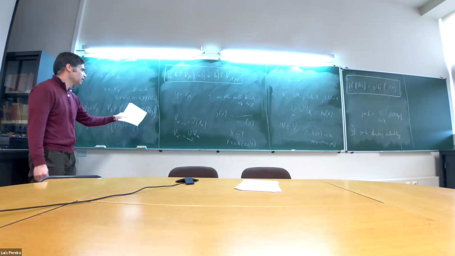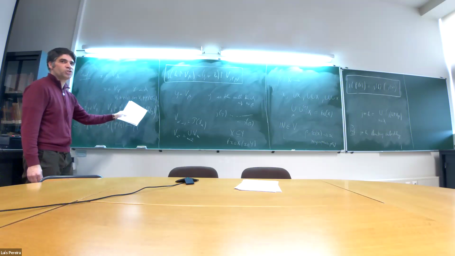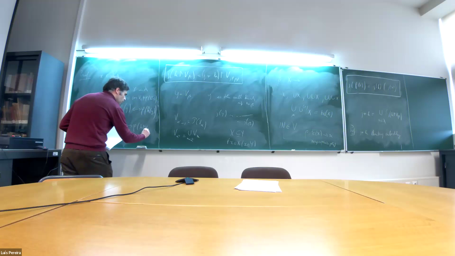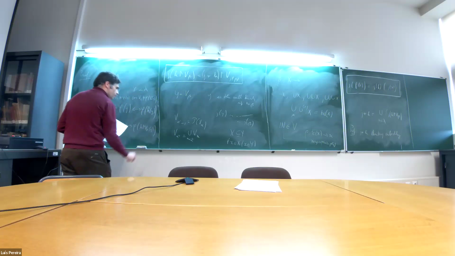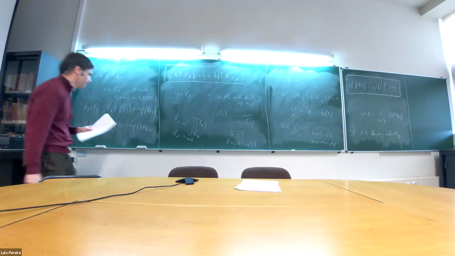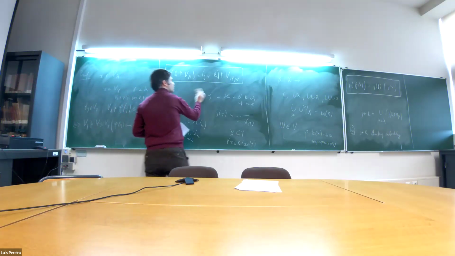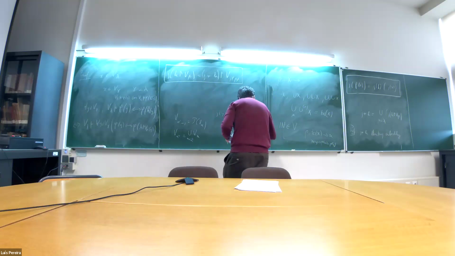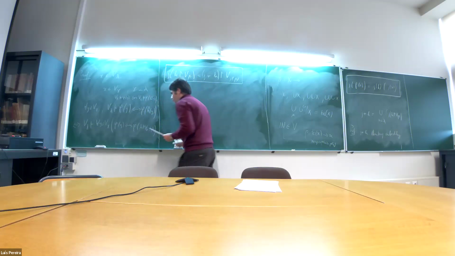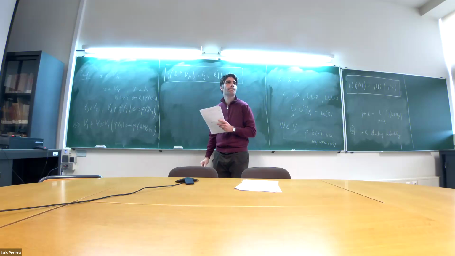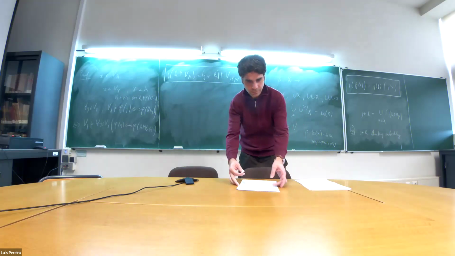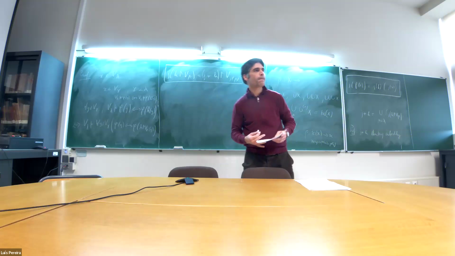I cannot just say h of y because h is not an element of V lambda, but I can say the restriction of h to V gamma in that formula.